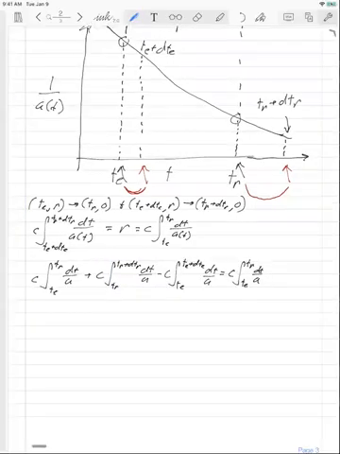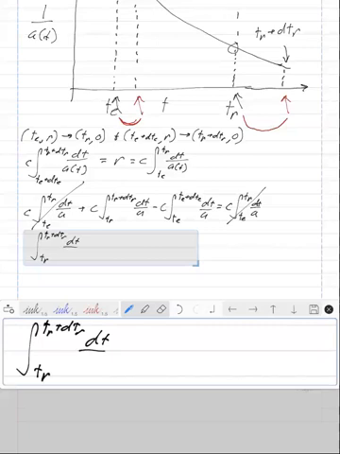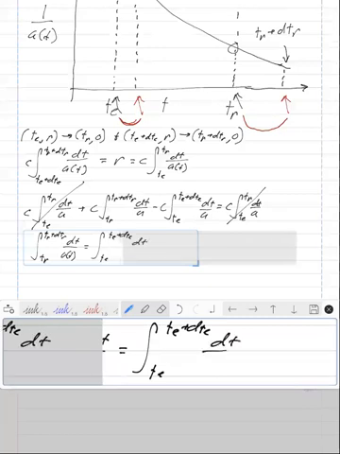All right, so why did we do that? Well, I noticed that the term on the far right-hand side and the far left-hand side cancel. And we're left with the expression that the integral from TR to TR plus DTR of dt over A of t is equal to the integral from TE to TE plus DTE of dt over A of t.